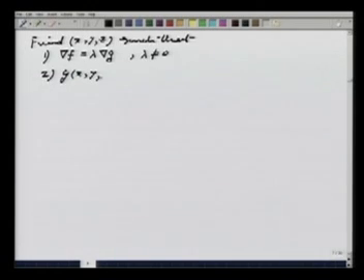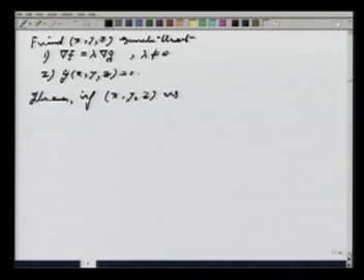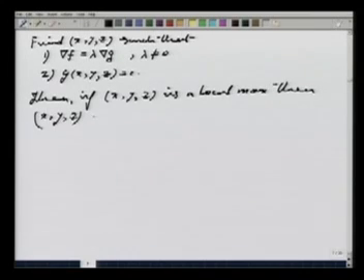That means I am looking at points on the surface. Then if x, y, z is a local extremum, that is, if it's a local max, then x, y, z must satisfy 1 and 2.